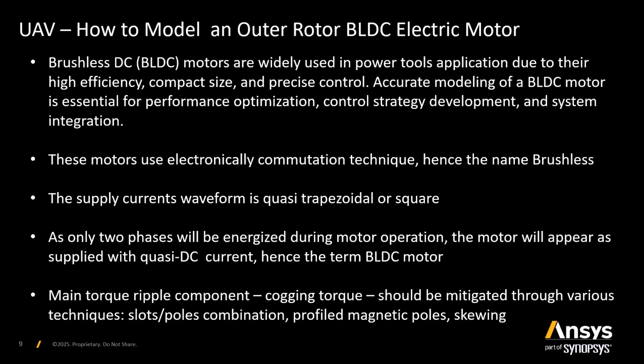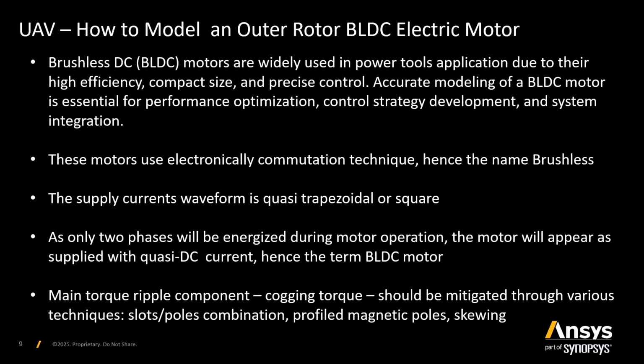The supply current waveform is trapezoidal or square. Only two phases will be energized during motor operation, and the motor will appear as supplied with quasi-DC current. Hence, we end up with the term BLDC, brushless DC motor, even though this must not be confused with the brushed counterpart in the motor classification.